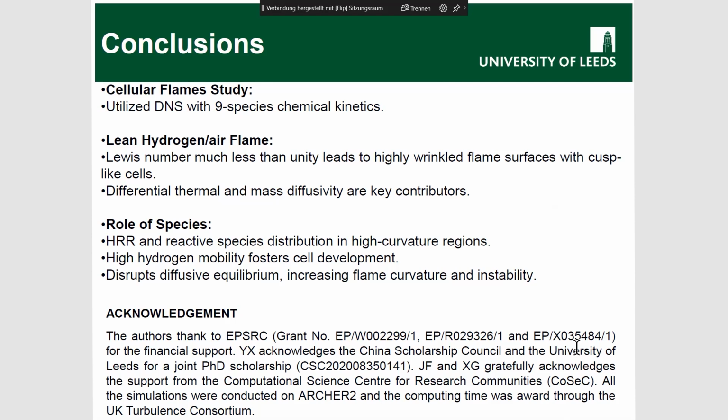We also analyzed the role of species: the heat release rate and the reactive species are distributed in the high curvature regions, and the high hydrogen mobility is also a key parameter in cell development.